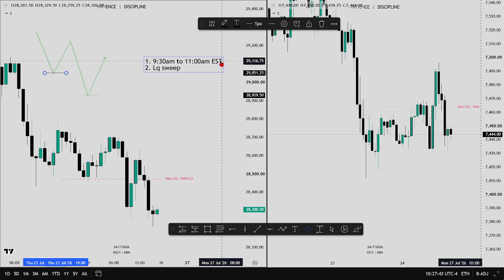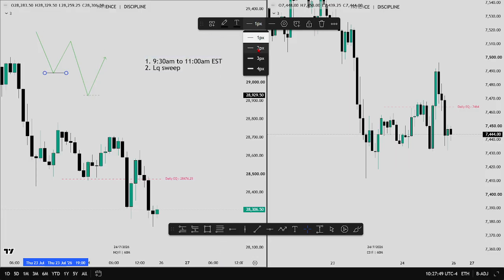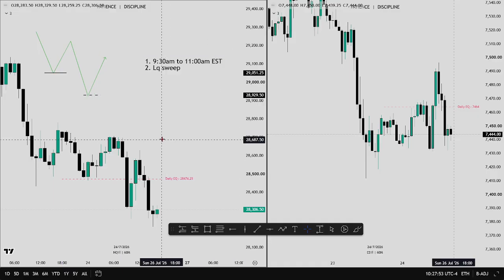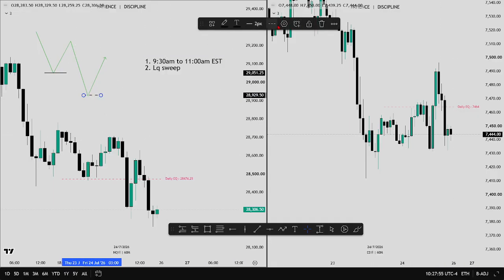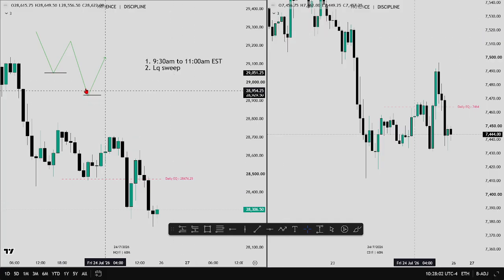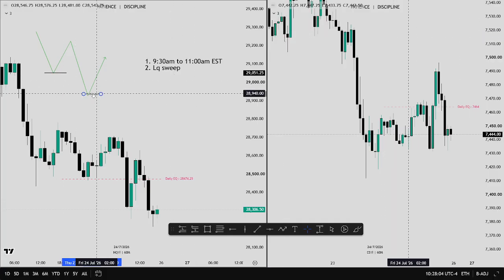If it's a swing low, we call it sell stops, and if it's a swing high, we call it buy stops. Forgive me for the small misunderstanding.